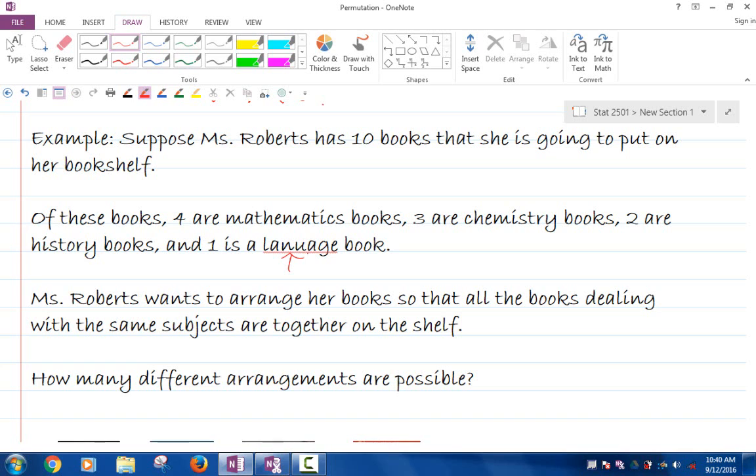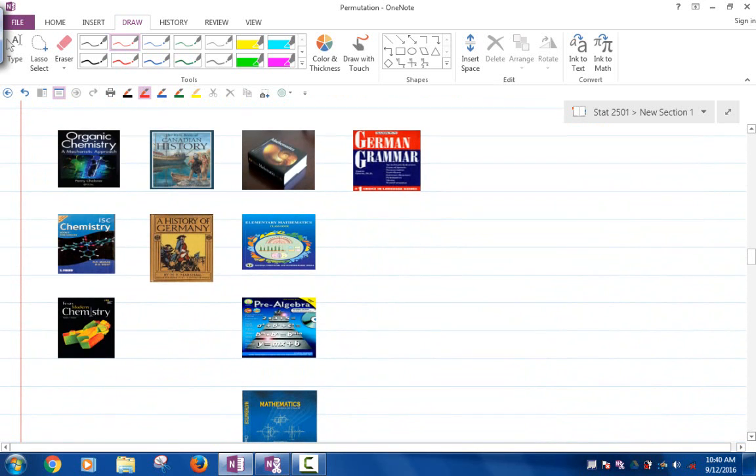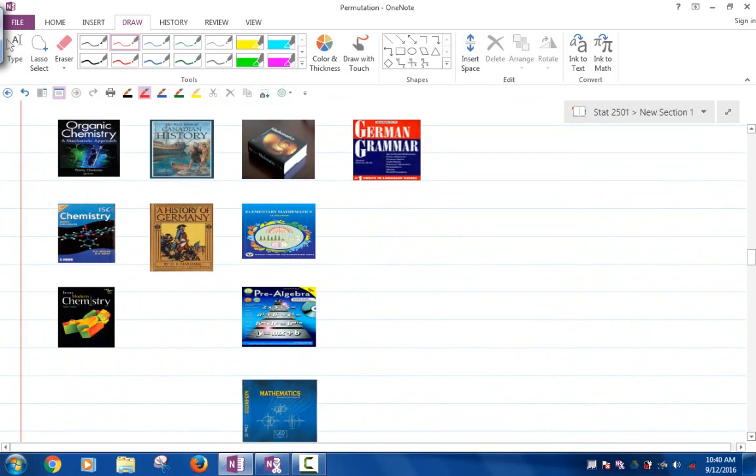First of all, you are arranging the subjects. So how many ways can you arrange the subjects? And then once you have done that, you can arrange the mathematics books among themselves 4 factorial ways. You can arrange the chemistry books among themselves 3 factorial ways. The history books 2 factorial ways, right? So first of all, you pick an arrangement of the subjects.